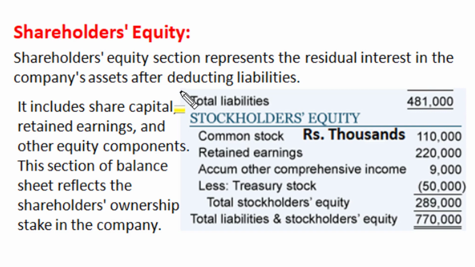If we deduct the sum total of liabilities from company assets, we'll get the part of money available, and that is represented in the lower side of the right half as the shareholder equity section, and it represents the residual interest in company assets after deducting all liabilities. It includes share capital, retained earnings of the business, or other equity components, and this section of the balance sheet reflects the shareholder ownership stake in the company.